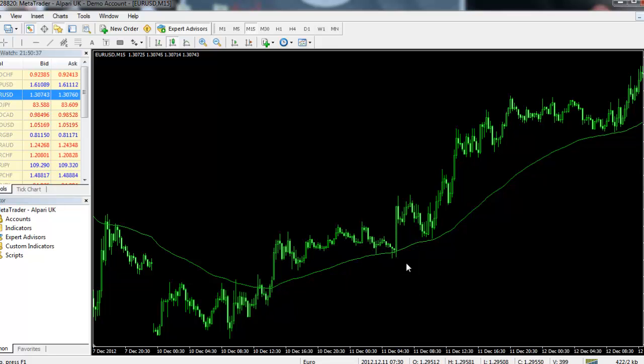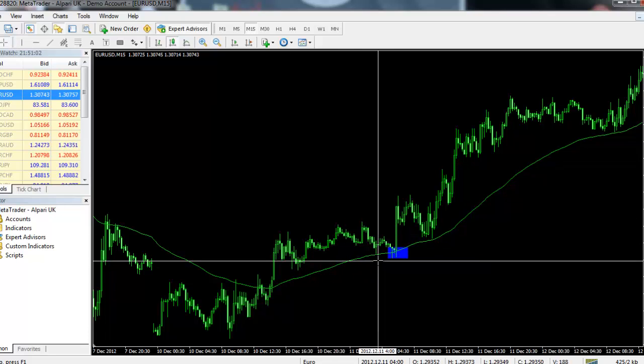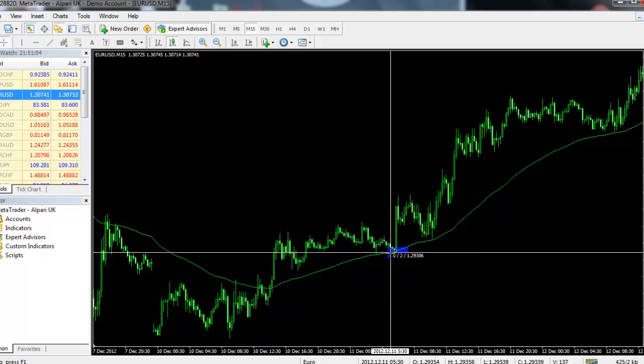Okay, so what happens with this strategy, these are the rules. In order to buy, price action has to be trading above the ATMA. So once price action comes and hits the ATMA, you want to buy. When you buy, and you can optimize this for yourself, the risk that I use is 15 pips from the ATMA.